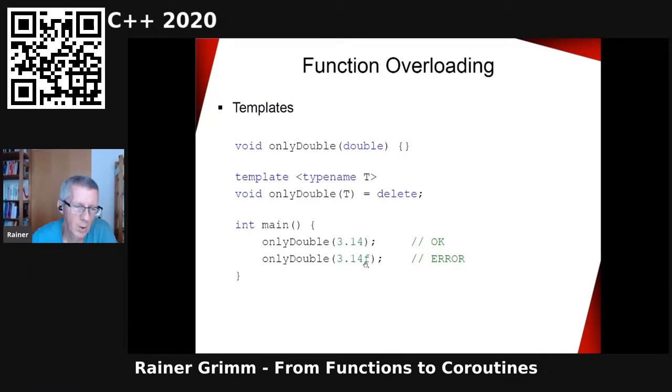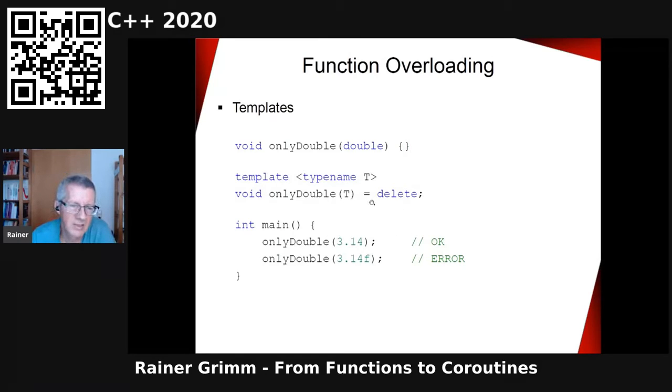But when I use a floating point value, this is an ideal fit, but this not, because a floating point has to be expanded to a double. And this is kind of work which the compiler doesn't want to do, so it prefers the function template.